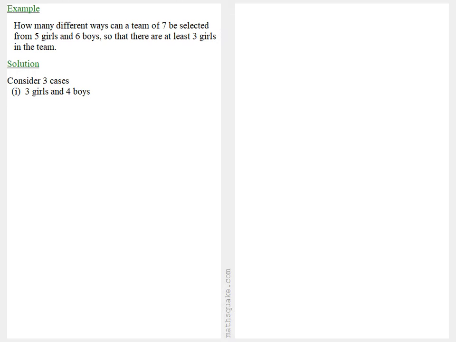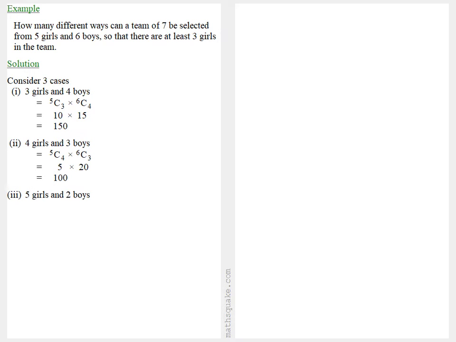So let's consider the case where there are 3 girls and 4 boys. Now it's 3 girls out of 5 and 4 boys out of 6. So that's 5C3 times 6C4. And using a calculator, that's 10 times 15, which is 150. If we have 4 girls, we then have 3 boys, so that's 5C4 times 6C3, which is, using a calculator, 5 times 20, or 100.